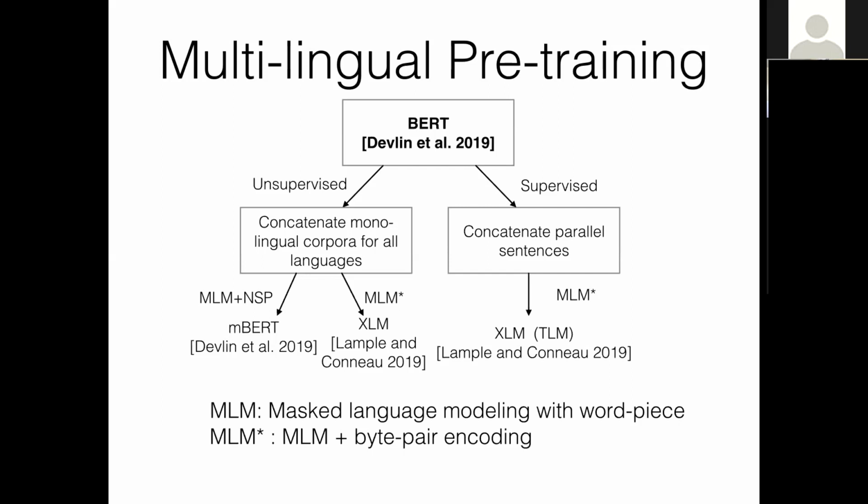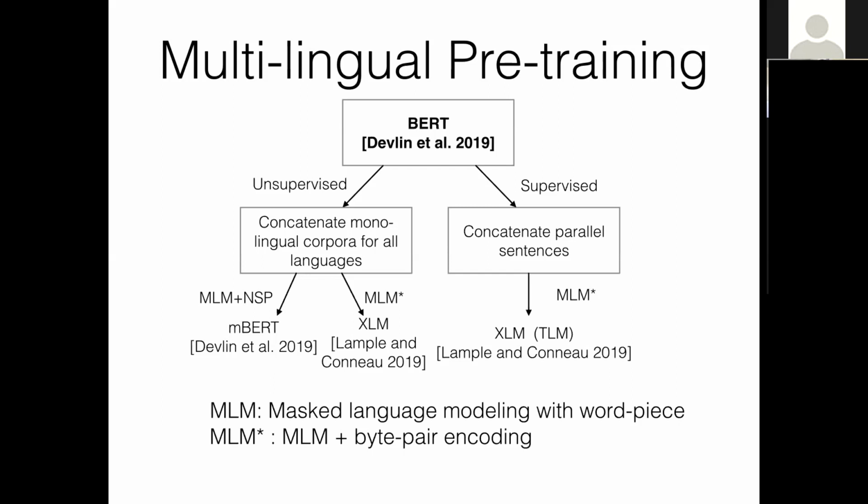XLM uses a modified masked language model objective, wherein the difference is that instead of using the word piece vocabulary which BERT uses, XLM uses byte pair encoding. They find that using byte pair encoding leads to an increase in the shared vocabulary across all the languages, which is one reason why XLM performs better than MBERT on many of the multilingual tasks.